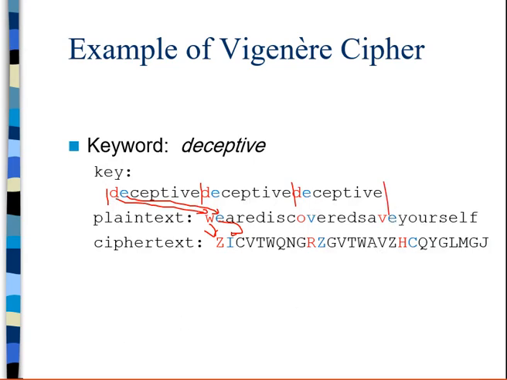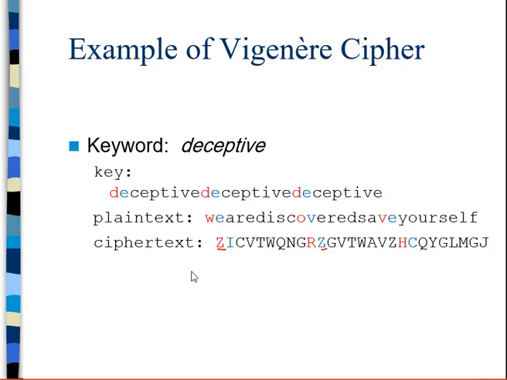The advantage of this method is that the frequency is broken. What does it mean? As you can see here, the first D is mapped to Z. The second D is mapped to R. And for instance, if you see several Z in your text, they are not the encryption of the same letter.